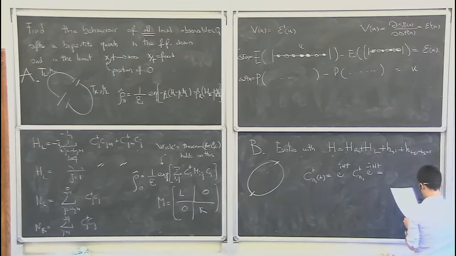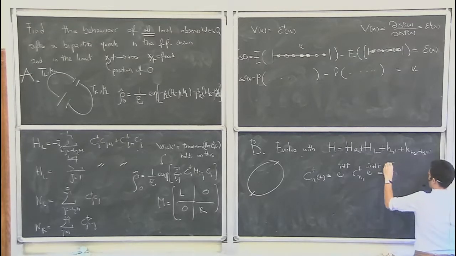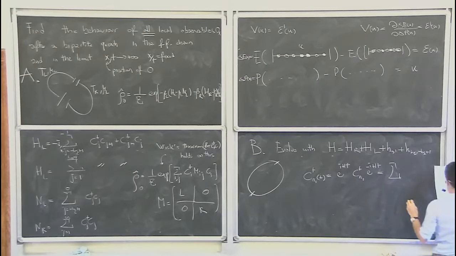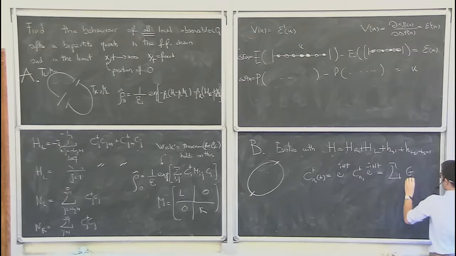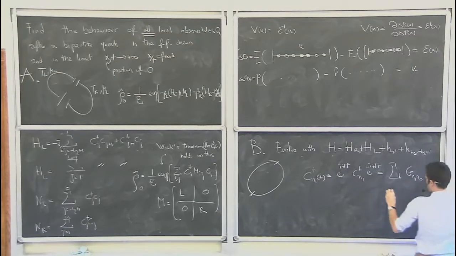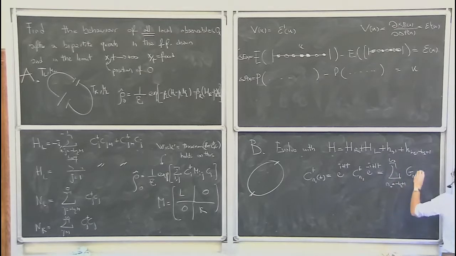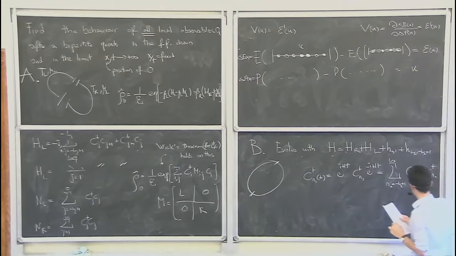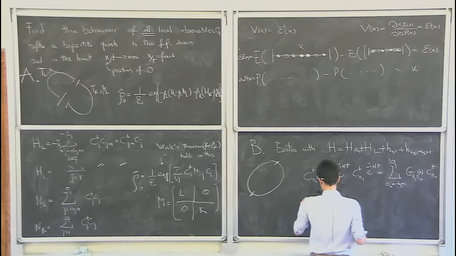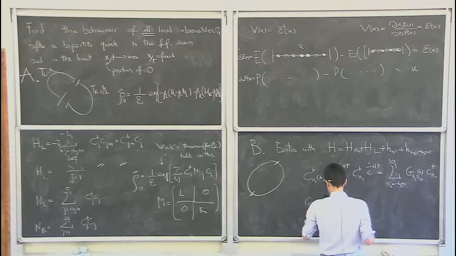This is nothing but a combination of these, sum over n0 that goes from minus L over 2 plus 1 to L over 2, where G is a matrix.